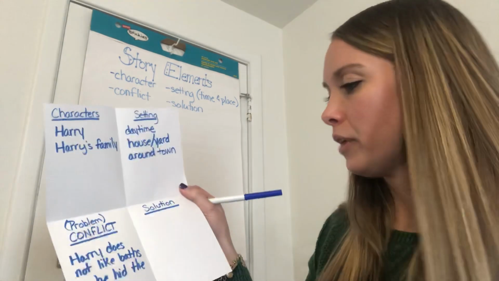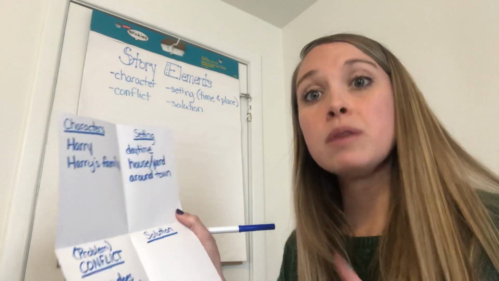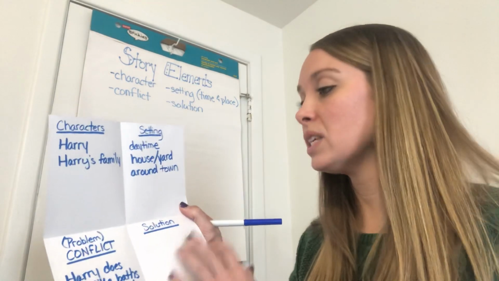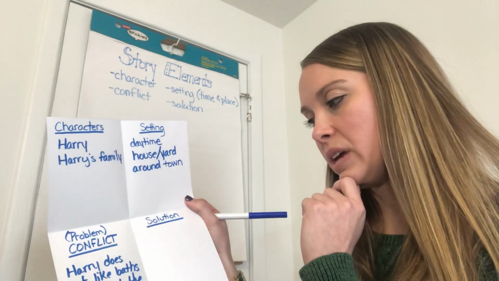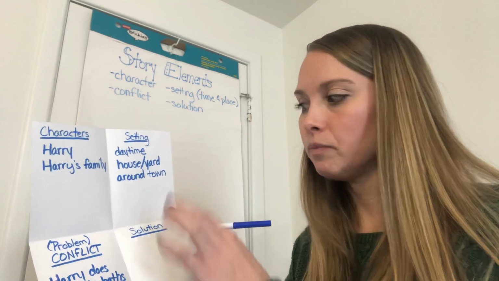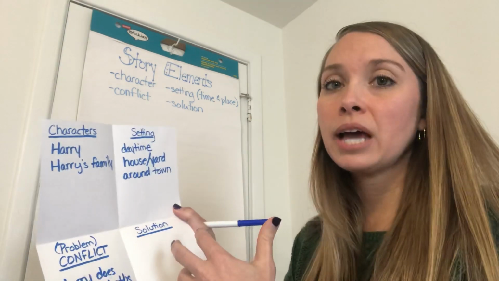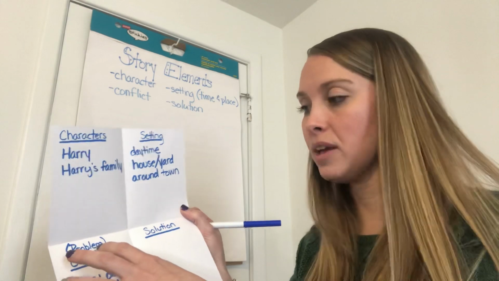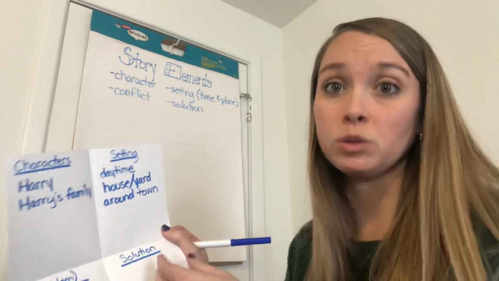Okay? All right, so now I want you to remember, in third grade, even though there might be more than one conflict and there may be more than one solution, your solution always has to solve the conflict that you put. So I have Harry does not like baths, so he hid the brush. If I put in there, Harry made his way back to the yard, does that solution match with this conflict? Not really. If I wanted to have Harry escaped his yard and was around town without his family as my conflict, the solution then would be Harry makes his way home and goes back into the yard.